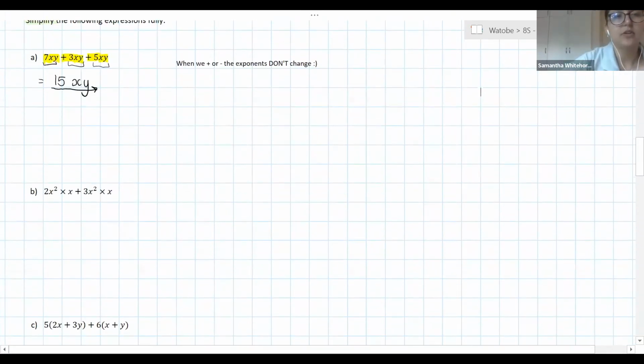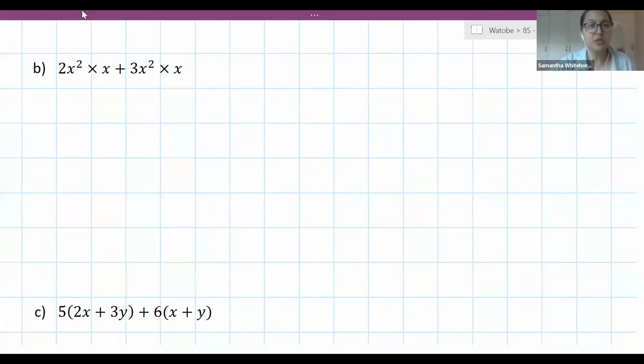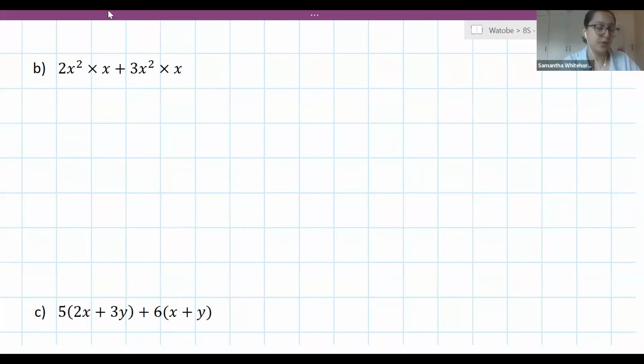Right, so if we have a look at question B, we want to follow those 3 steps: identify the terms, simplify each term, simplify the expression. So my first question to you is, how many terms do I have in this expression? You can put it in the chat if you want. How many terms am I working with here? Remember what separates terms.